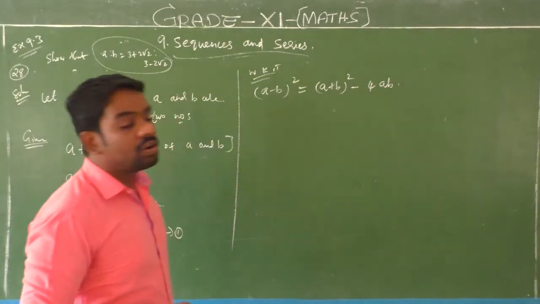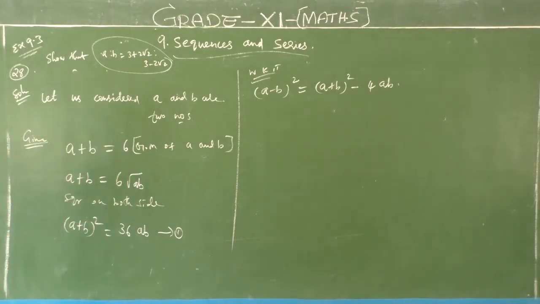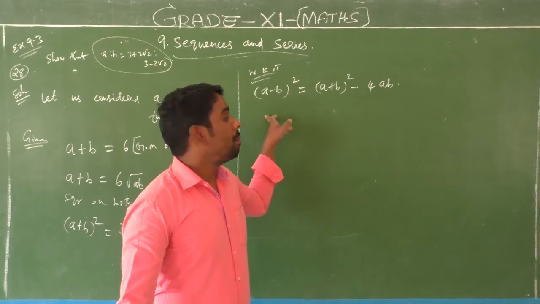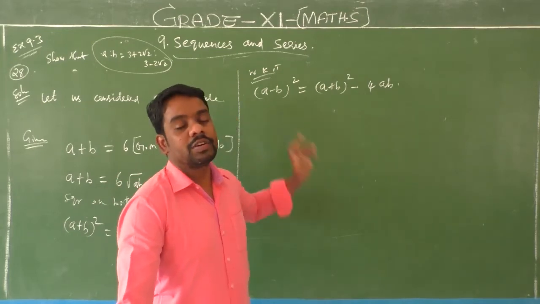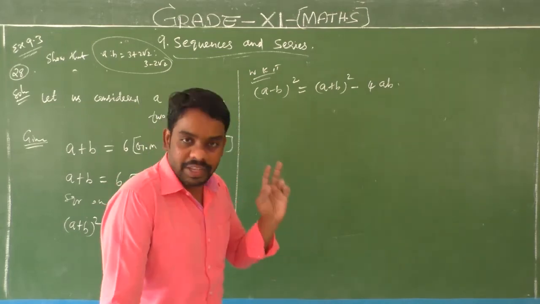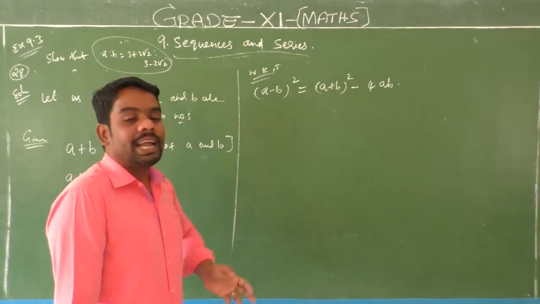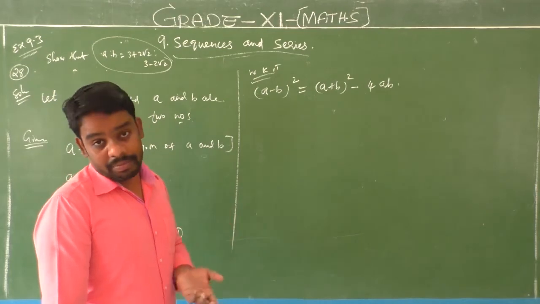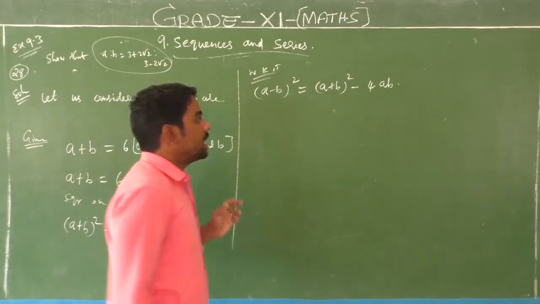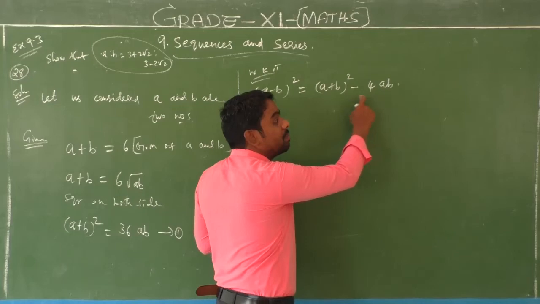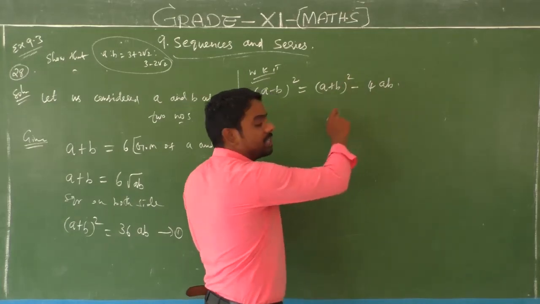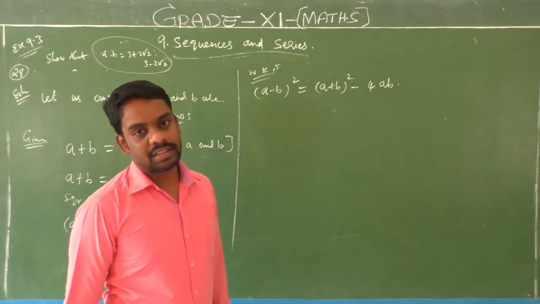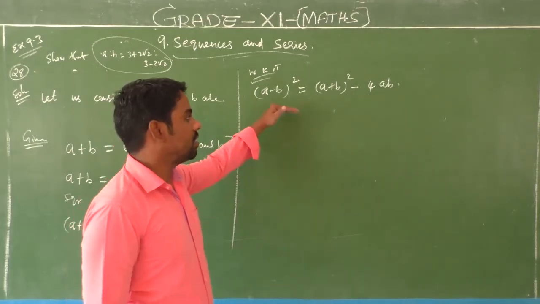A minus B whole square is A square plus B square minus 2AB, and A plus B whole square is A square plus B square plus 2AB. Here A square plus B square plus 2AB minus 4AB gives A square plus B square minus 2AB. This is A minus B whole square.